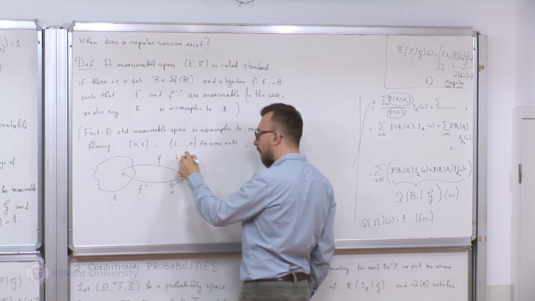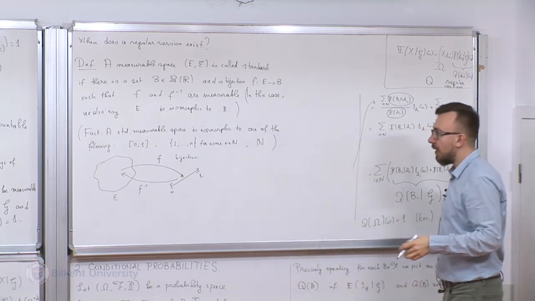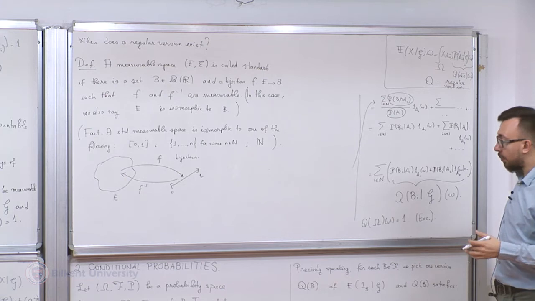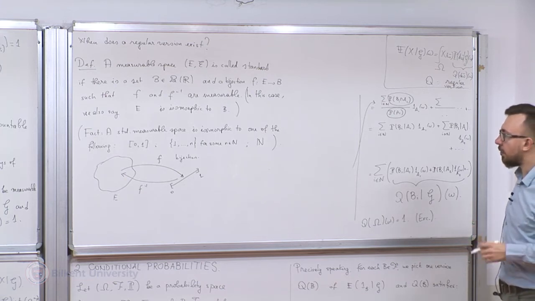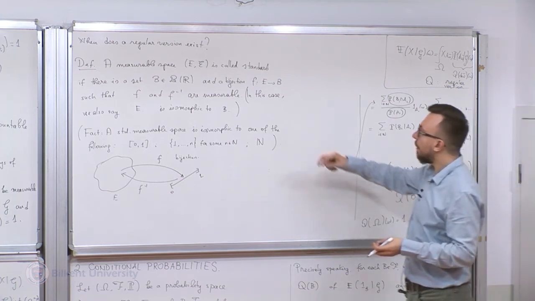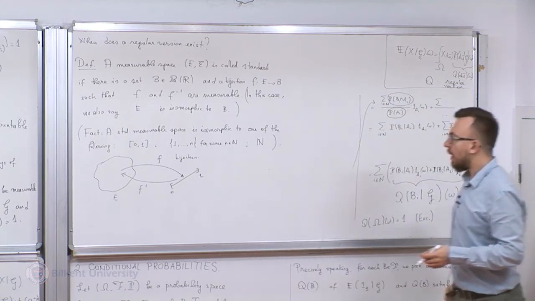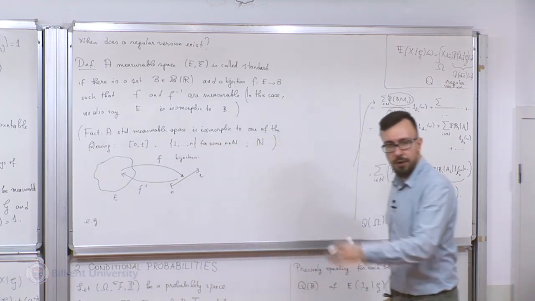Bijection means it is one-to-one and onto, and its inverse exists. So both must be measurable.